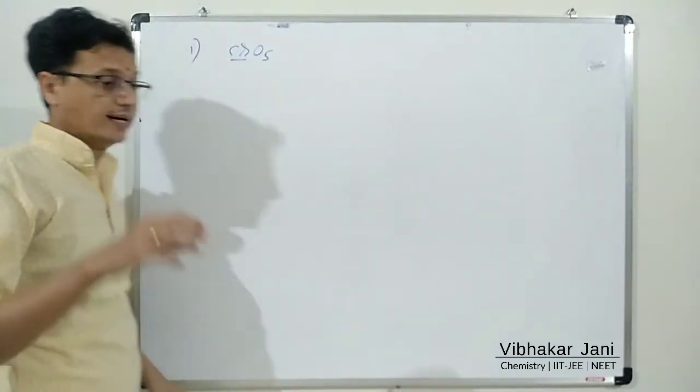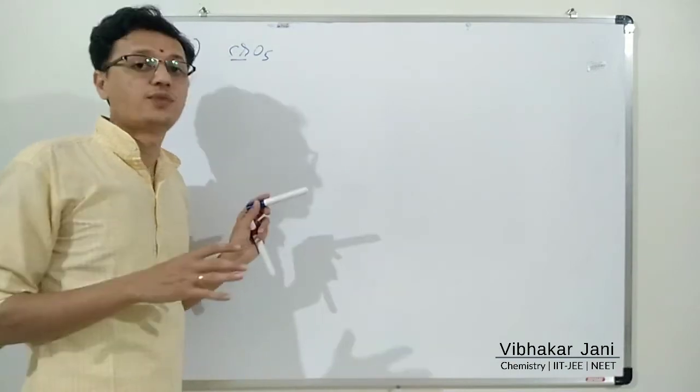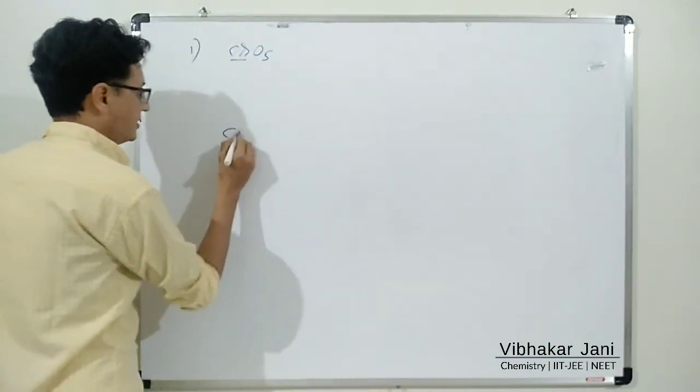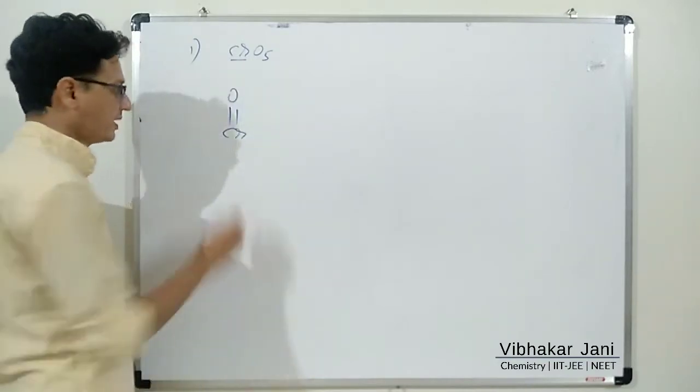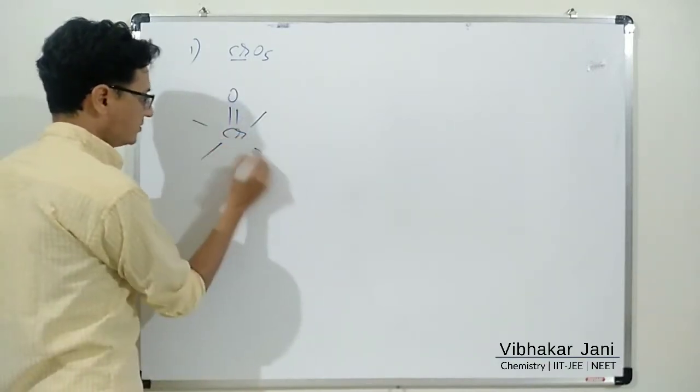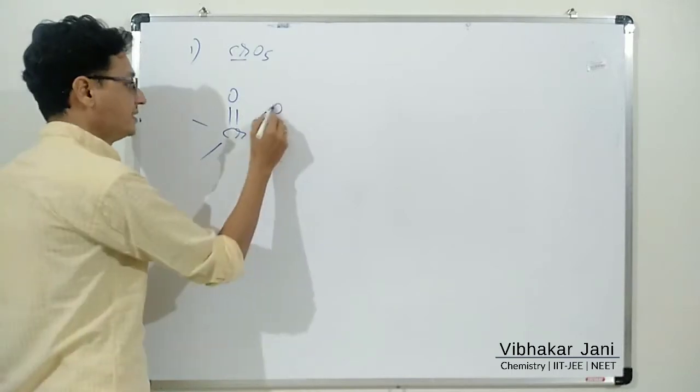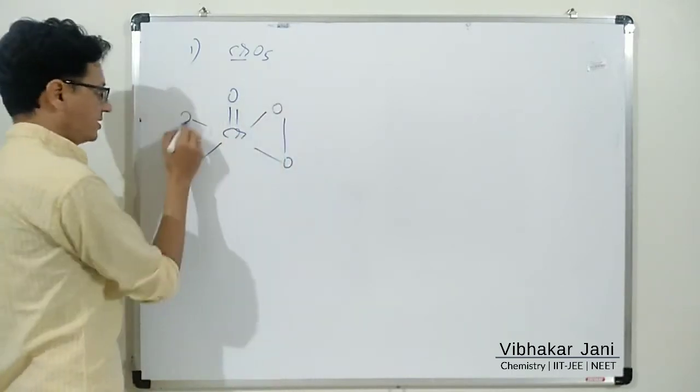Now the structure of CrO5 is Cr with one oxygen attached by a double bond, and 4 oxygens attached by single bonds, and these oxygens are attached to each other.